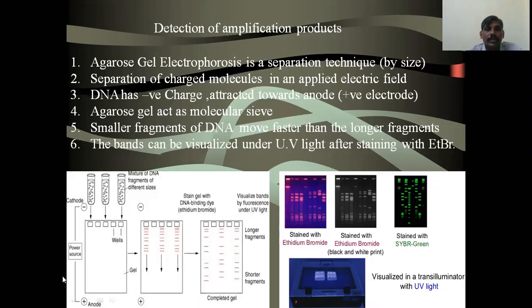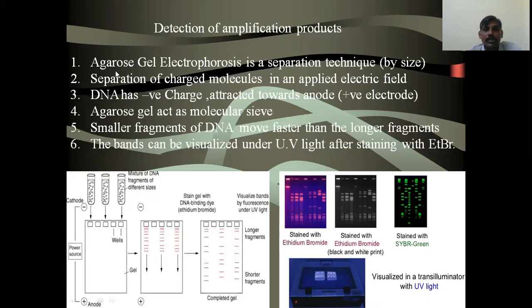In this technique, charged molecules are separated by size under the influence of an external electric field. First, prepare the sample and make the agarose gel, insert the DNA into the gel, run the gel, and analyze the gel. So just the separation of charged molecules in an applied electric field is nothing but gel electrophoresis.